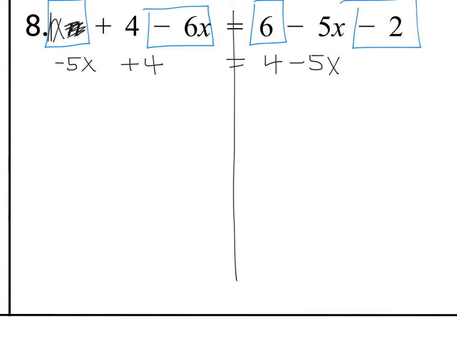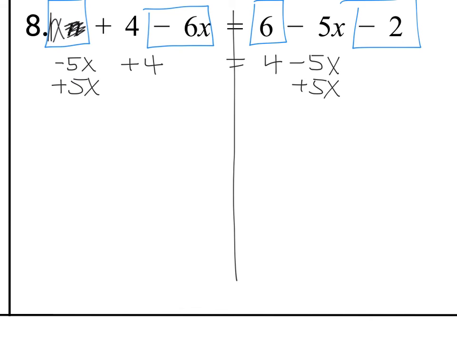Because I do. Okay, I'm going to drop those negative 5X's by adding 5X. You know, if they were positive 5X's, then you would subtract them. Remember, you have to do the opposite in order to get it to go away. The opposite of negative 5X is positive 5X. Okay, enough of that.